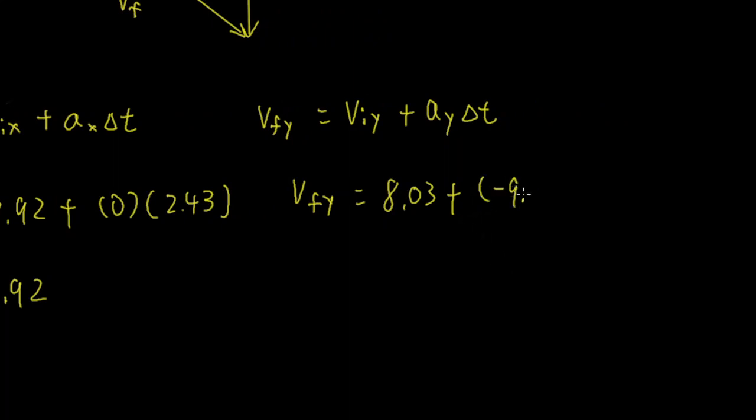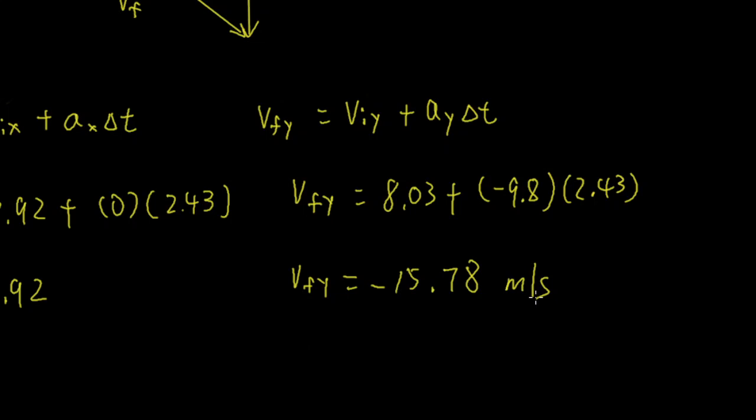That will be negative 9.8 meters per second squared times time, 2.43. Let's put that in the calculator: 8.03 minus 9.8 times 2.43 is negative 15.78 meters per second.